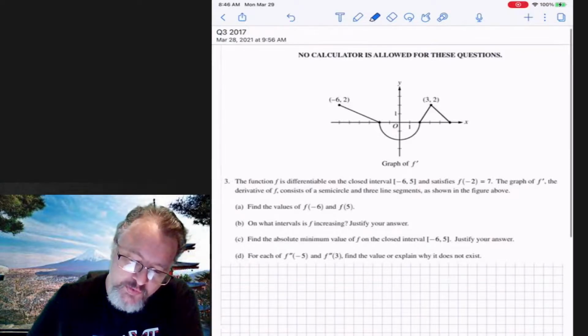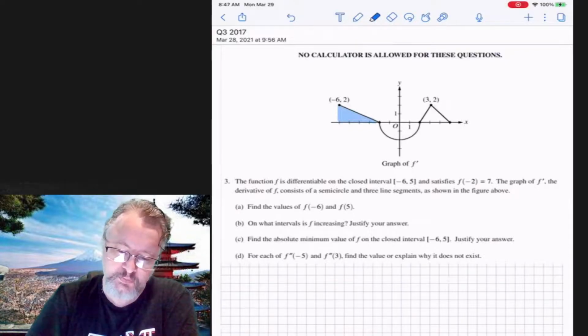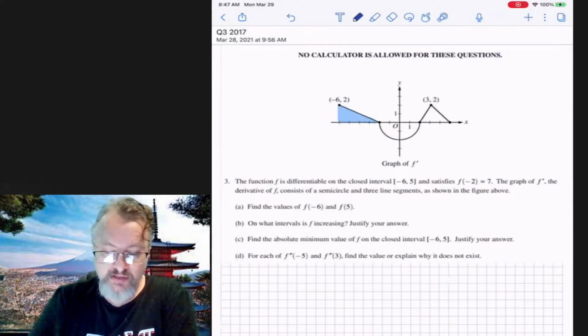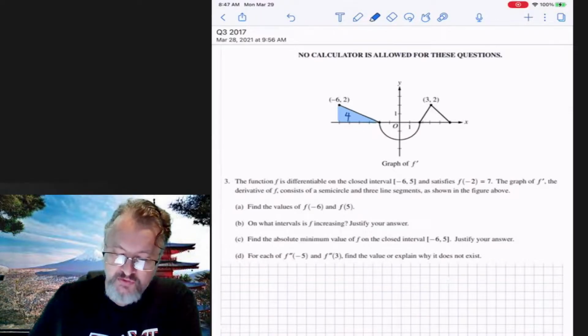I see, for example, that the area right here under the curve for this triangle is something that is fairly simple to calculate, right? The base is 4, the height is 2, so the area right here will be 4. And if I do the same thing right here, I see that the base is 3, the height is 2, therefore the area is 3.